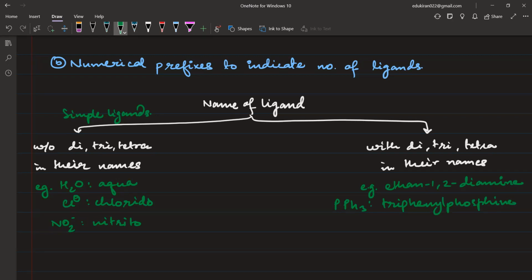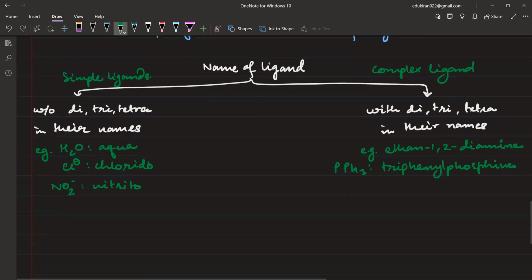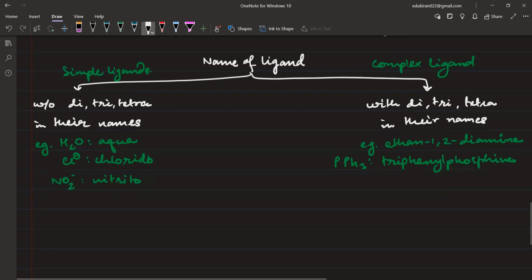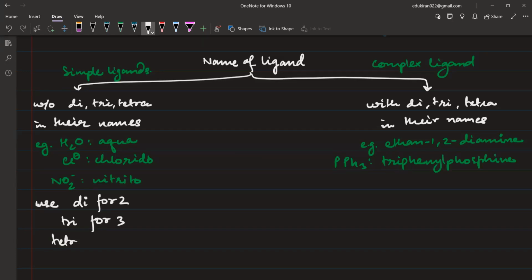Okay. Now, these type of ligands, we'll call them complex ligands or complicated ligands. Naming क्या आता है बाहर से? Because they are a bit complex. जिसके अंदर डाई, ट्राई, टेट्रा आ जाएगा. So if you have simple ligands, then we use di for 2, tri for 3, tetra for 4, and so on.